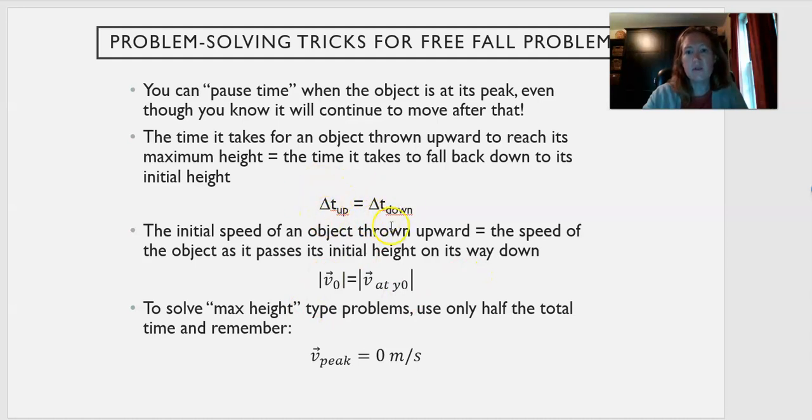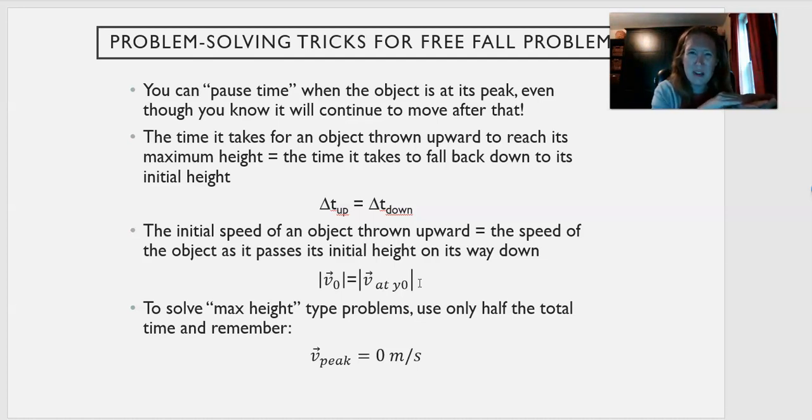So you see that expressed a different way, and when I say the time it took to go up is the time it took to come back down, the absolute value of the initial velocity is equal to the absolute value of the velocity that it has when it comes back to that same initial position. So again, as long as you don't move your hand when you throw it, it will come back to your hand with the same speed.